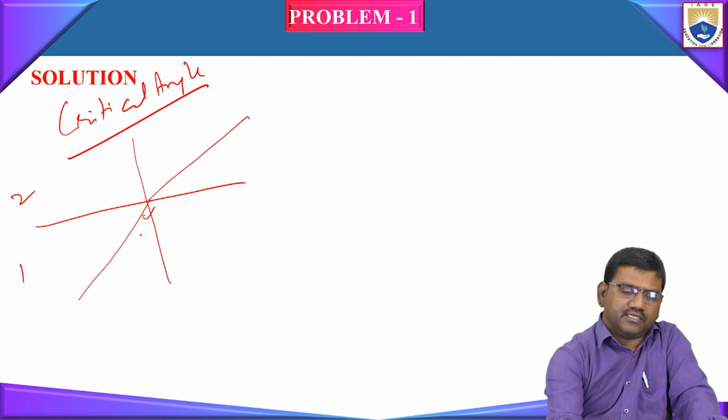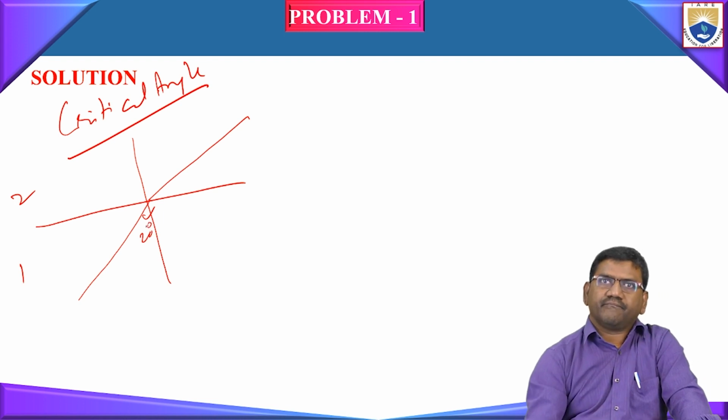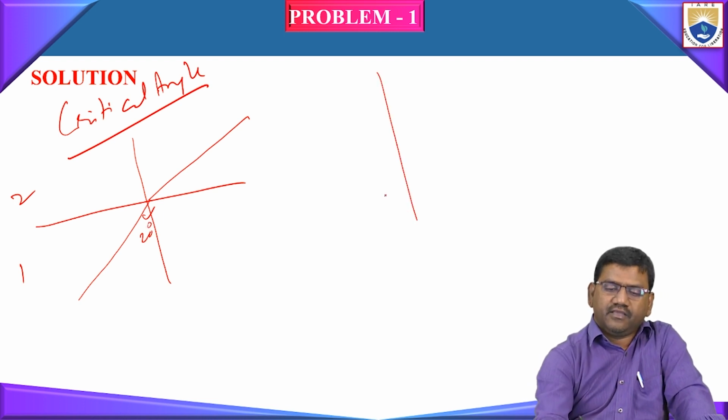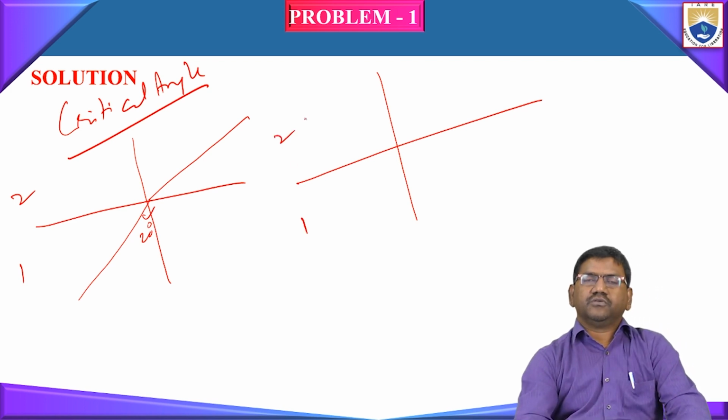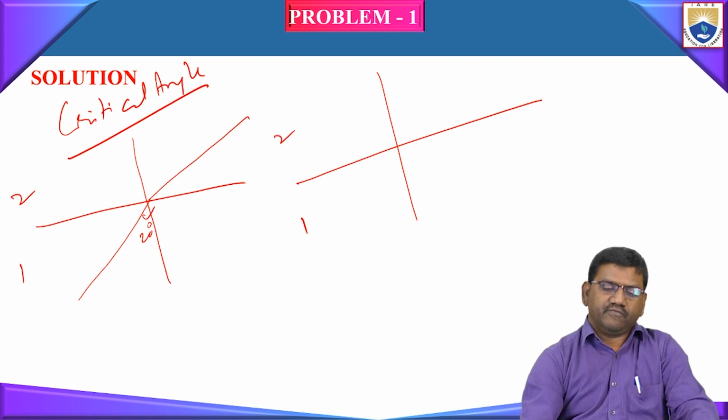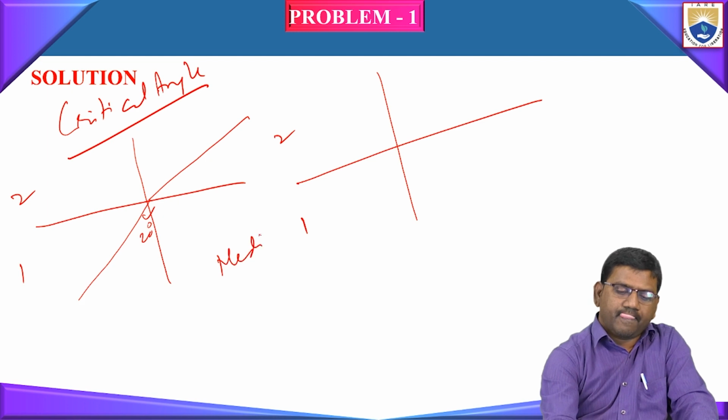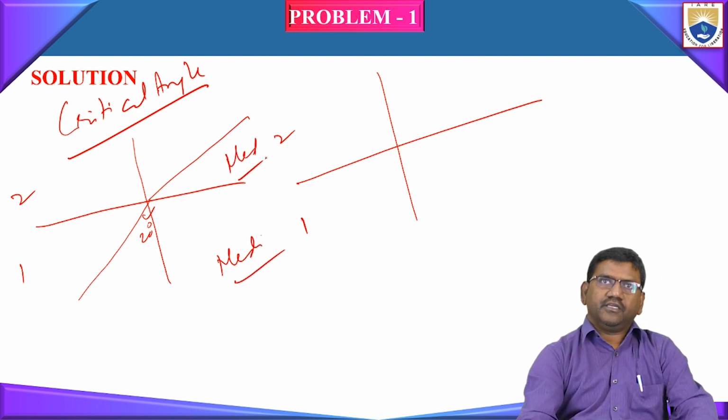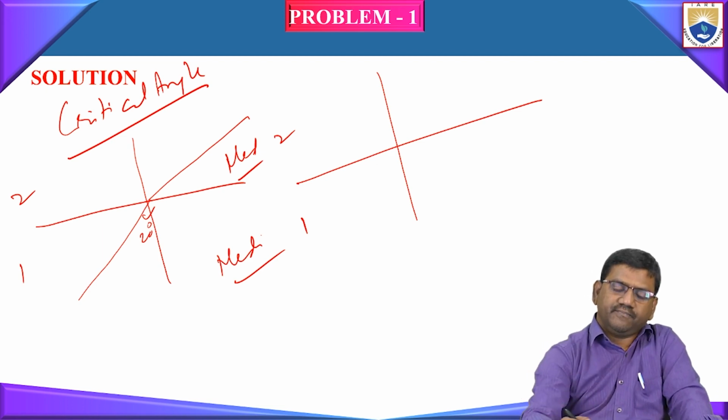Assume this angle as 20 degrees. Again, take another two mediums, medium 1 and medium 2. Now the ray is traveling from the rarer medium to the denser medium.